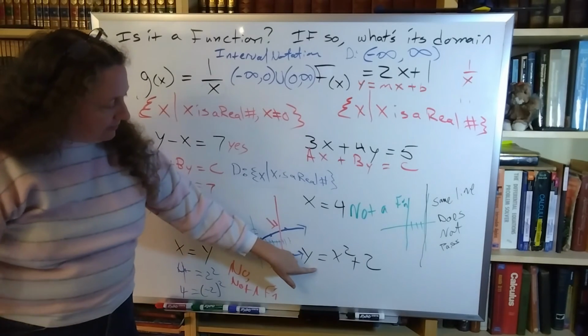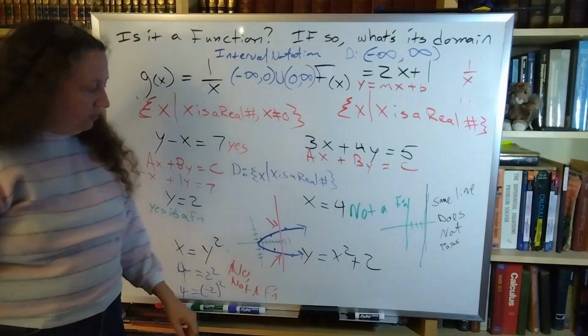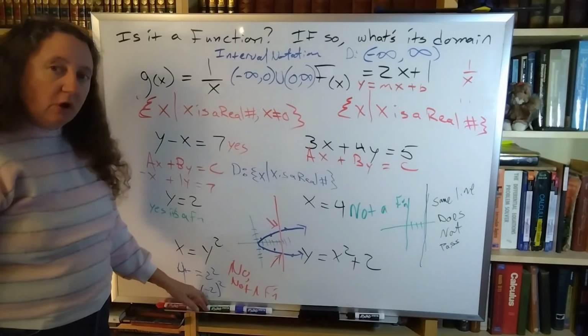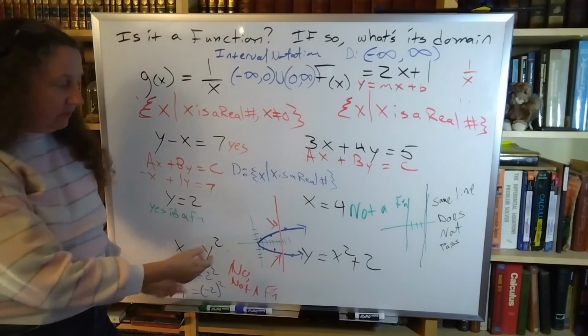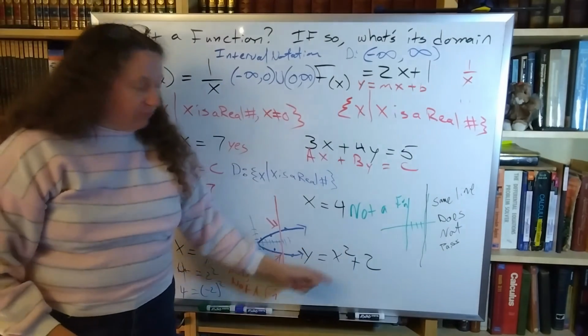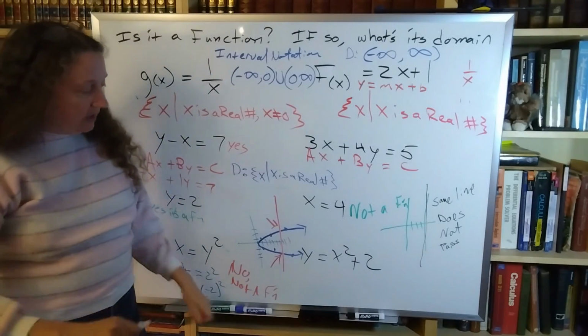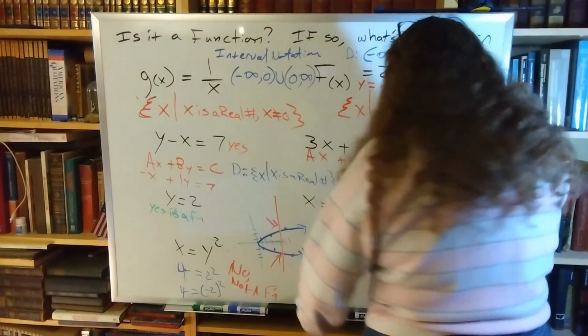Looking at this last problem over here, y equals x squared plus 2. You should already have been through finding out the graphs of quadratics, and you should recognize that this is a quadratic.